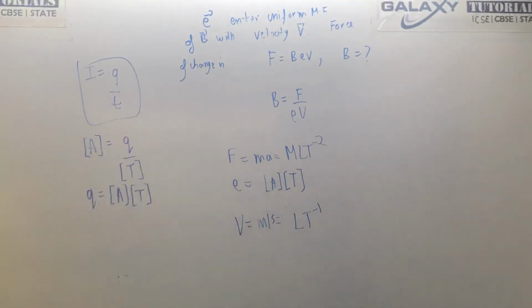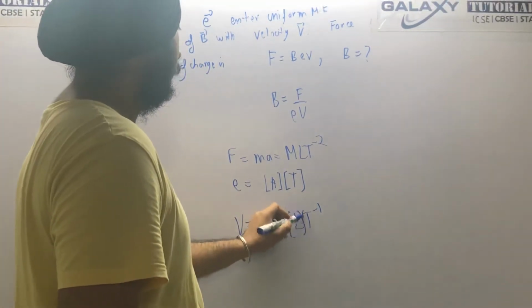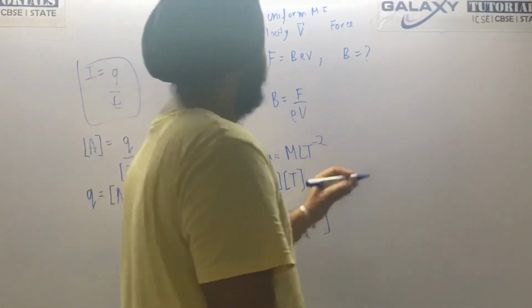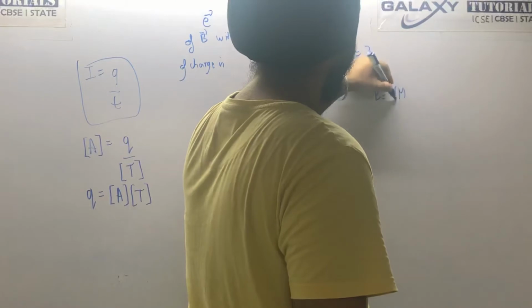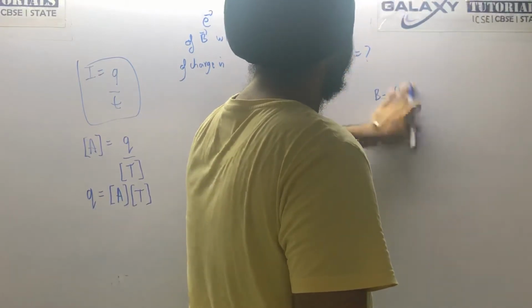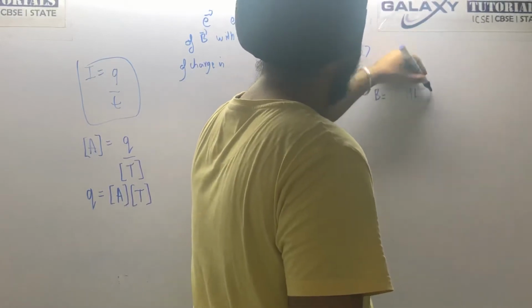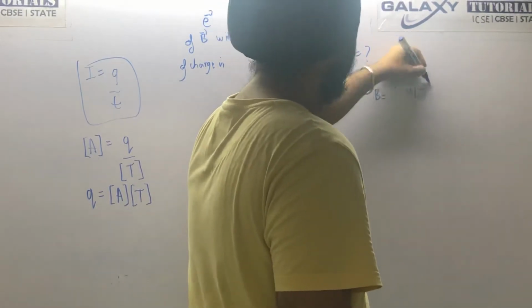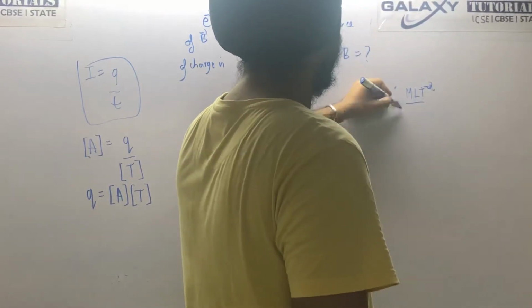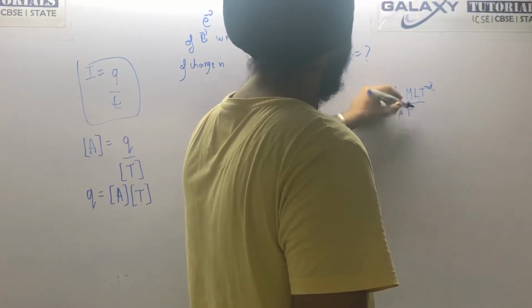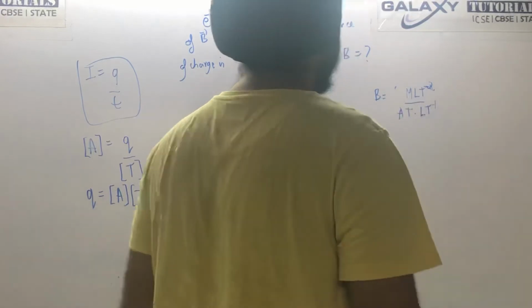Now you have all the dimensions. Just substitute them in the formula for B. So B is equal to M L T minus 2 upon A T into L T minus 1.